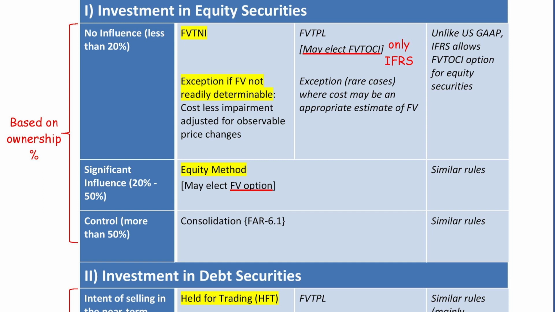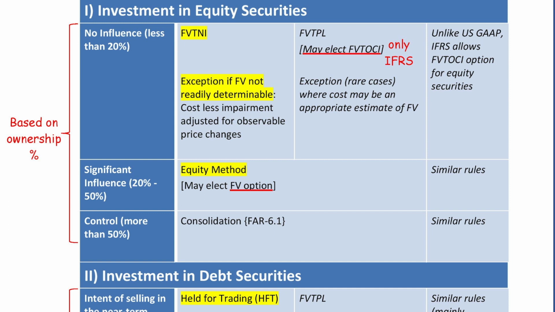Now, under investment in equity securities, when the investor has no influence, we use the fair value through net income method, where the security is at fair value on the balance sheet and any gains or loss resulting from changes in fair value are recognized through net income on the income statement.